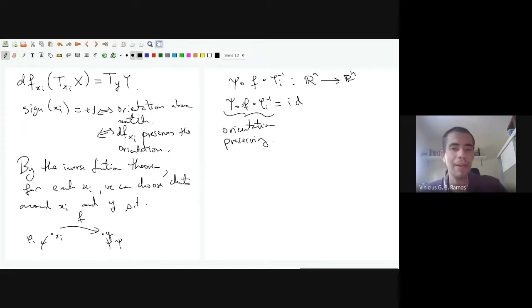Depending on whether f is orientation preserving or orientation reversing, this doesn't have to be the identity, because to make it the identity, I might have to switch the orientation somewhere.